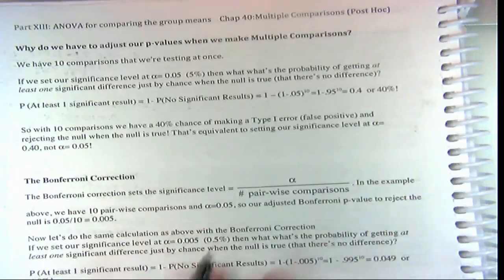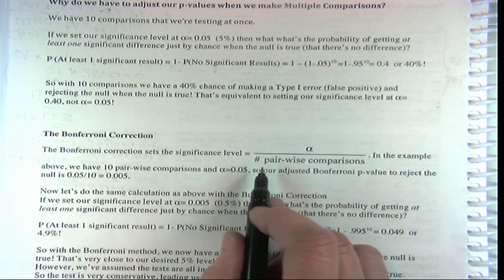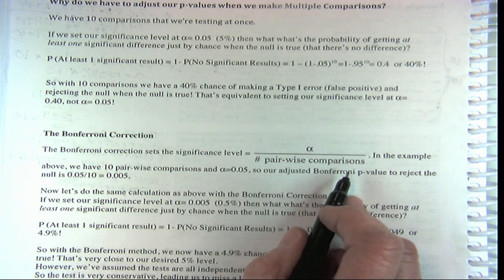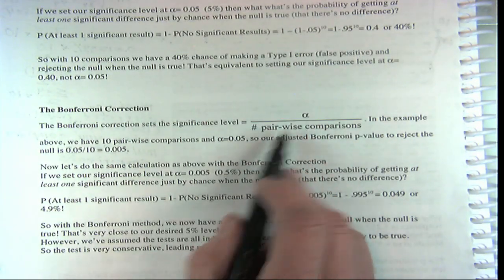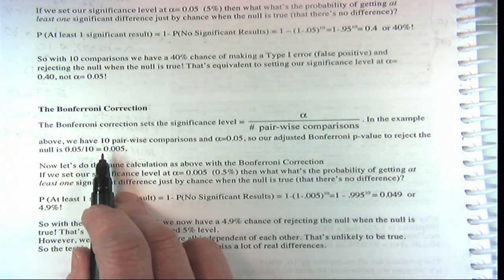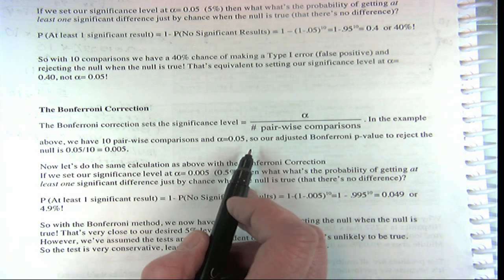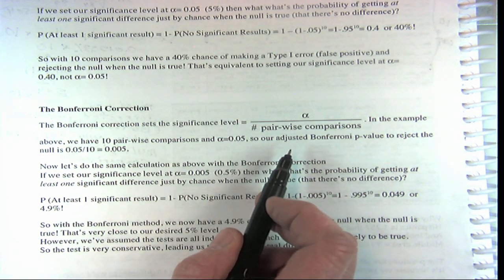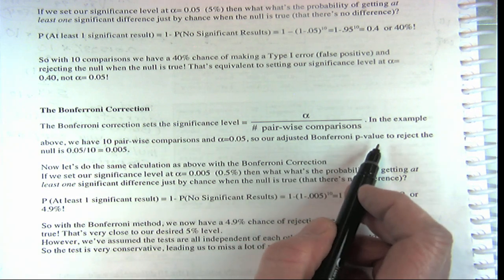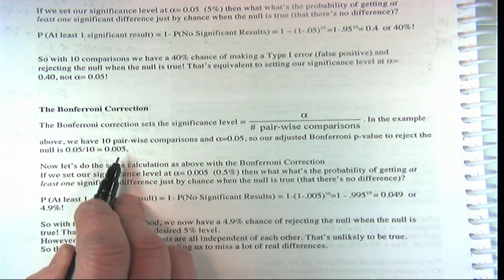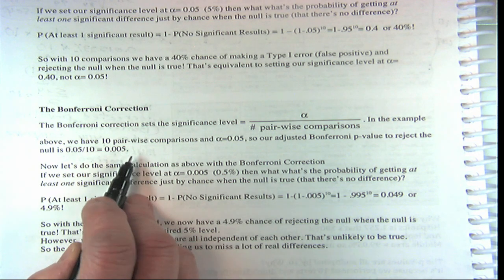So whatever significance level you set, the Bonferroni correction divides by the number of pairwise comparisons, okay? So let's just check what we do. If we divide by 10, what happens? Now we have 10 pairwise comparisons at alpha equals 5%, so our adjusted Bonferroni p-value is really not 5%, but what is it? 0.5%.